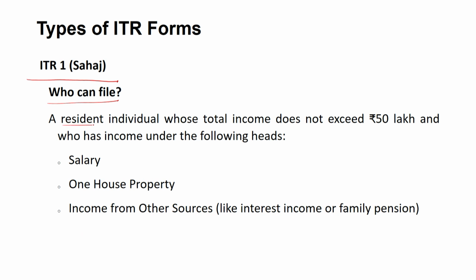Any resident individual whose total income does not exceed 50 lakh rupees and who has income under the head of salary, one house property and income from other sources such as interest income or family pension can file their income tax return with the help of ITR1, that is the Sahaj.